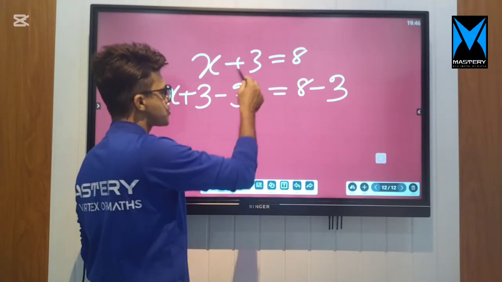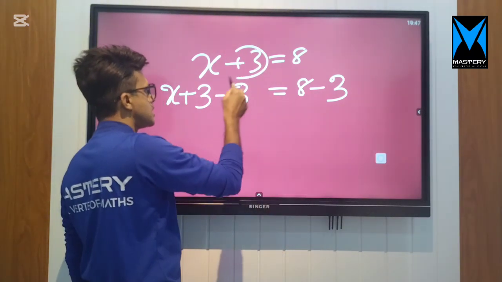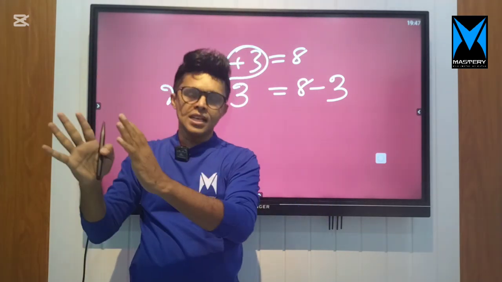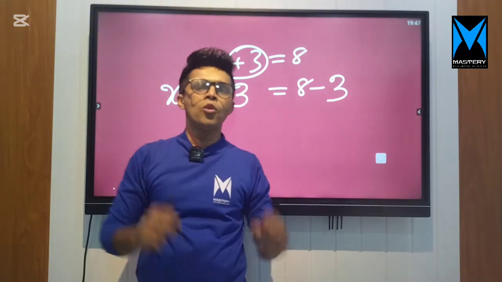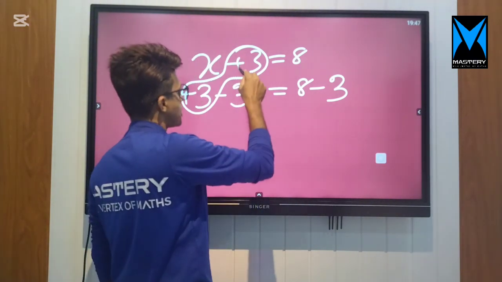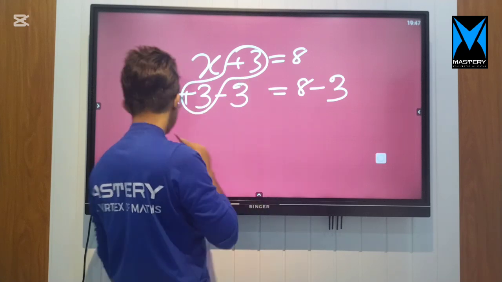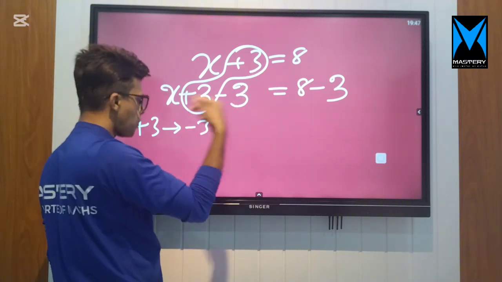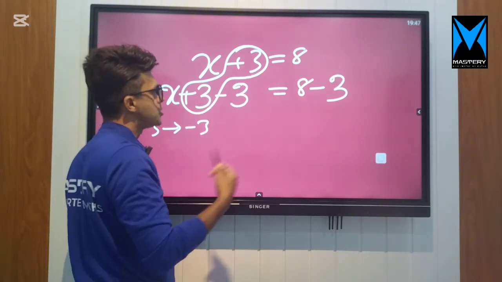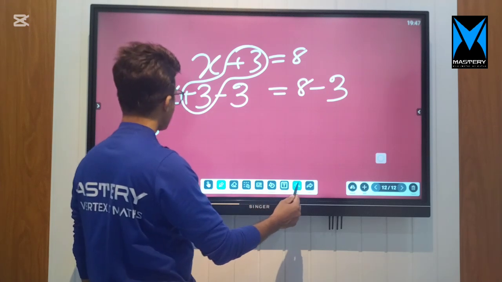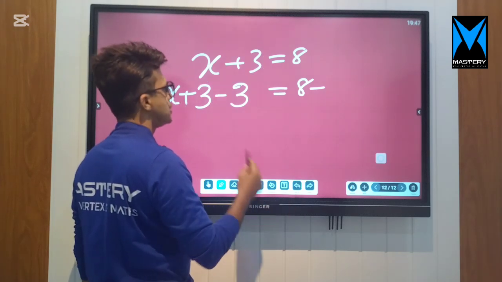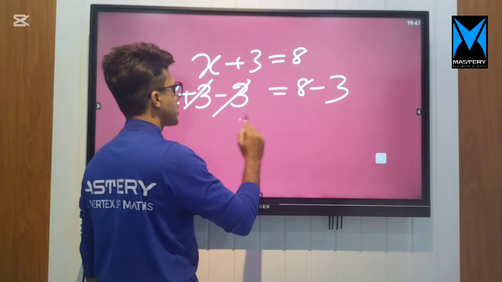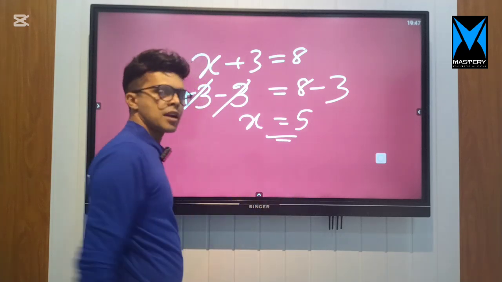Why do you do that? Opposite of this digit you need to subtract. After doing that, you simplify: plus 3 minus 3 cancels. So x equals 8 minus 3, which is 5.